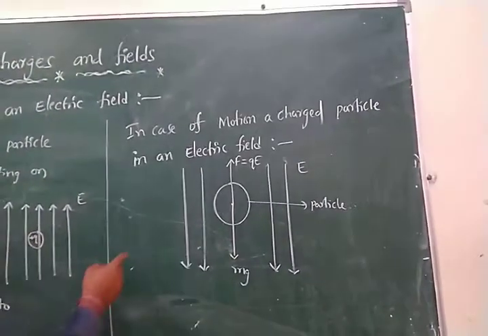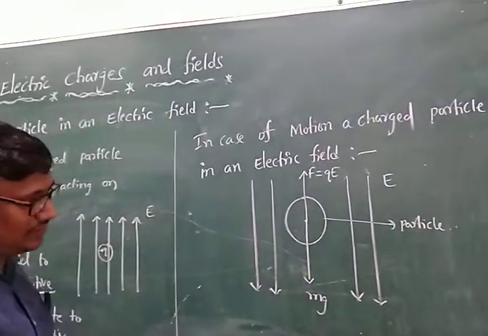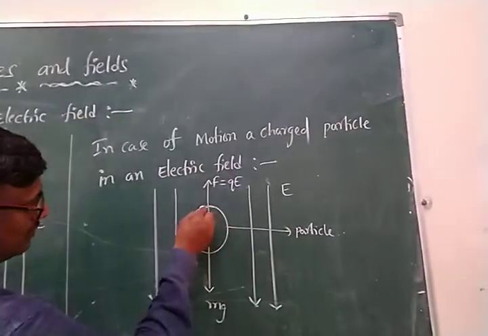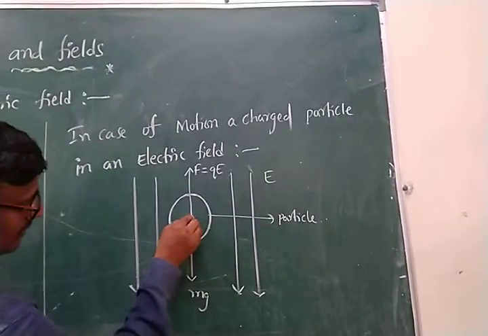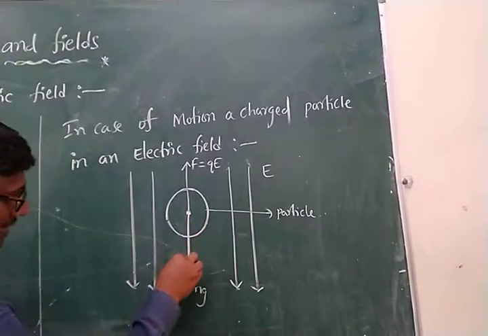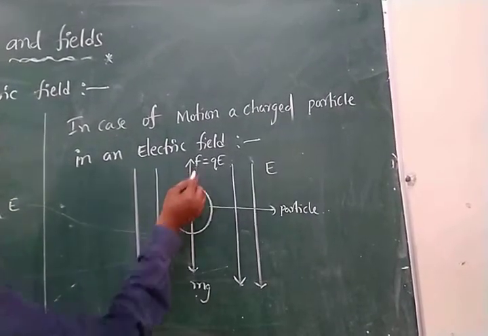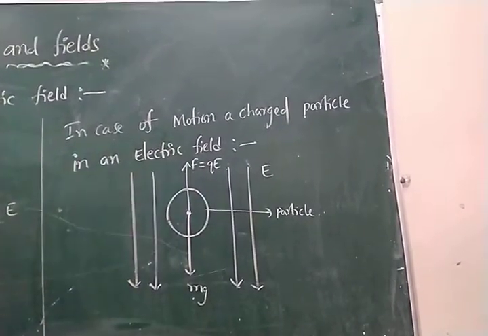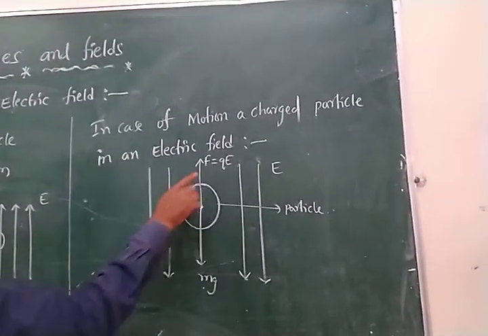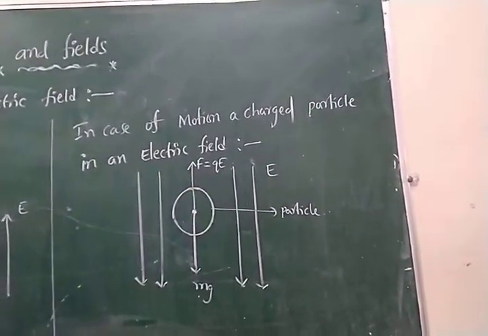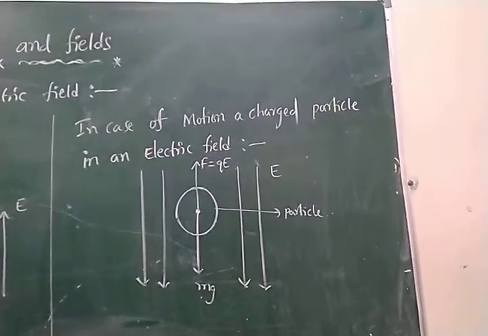In the case of motion of a charged particle in an electric field, see, this is the particle placed in an electric field. Its weight mg is acting vertically downwards and the force is acting vertically upwards. This force is the electric force, F equal to Q into E, the charge into the electric field.